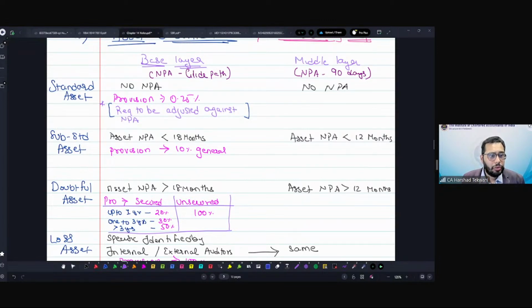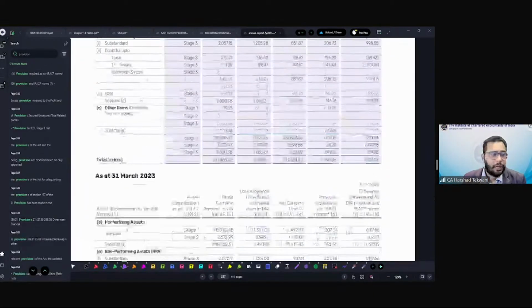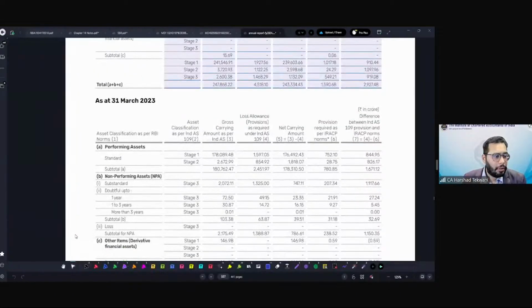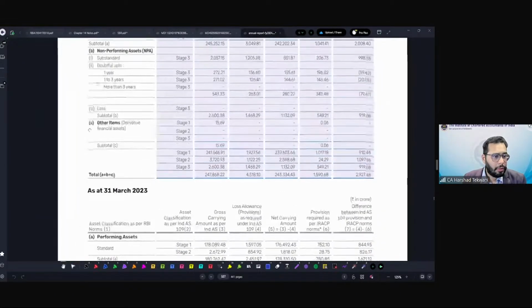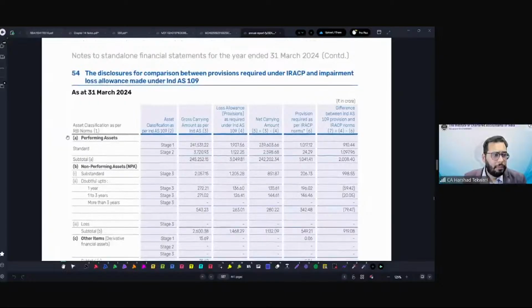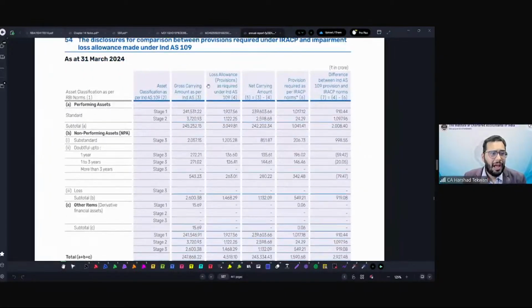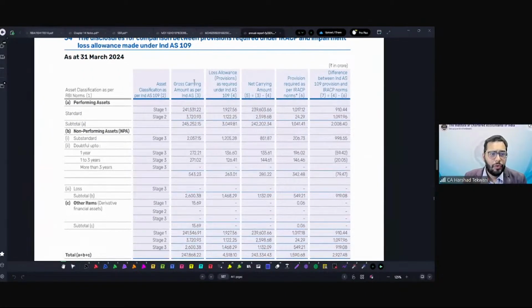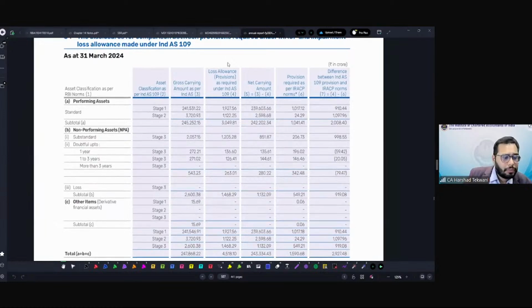Okay, it is taking a bit of time to search in the file. Okay, here it is. I'll just give you a glimpse of that. See, if you see, there is an asset classification over here, and there is a provision.